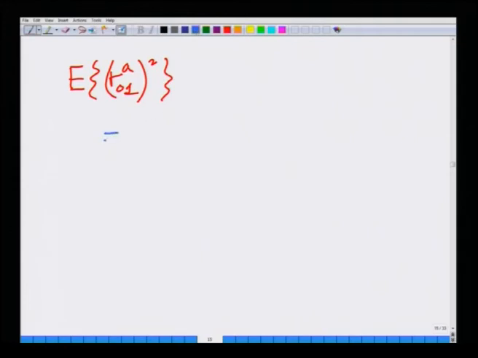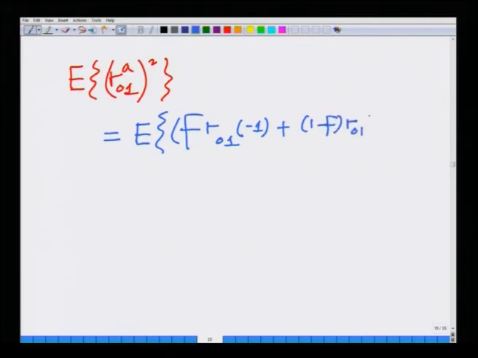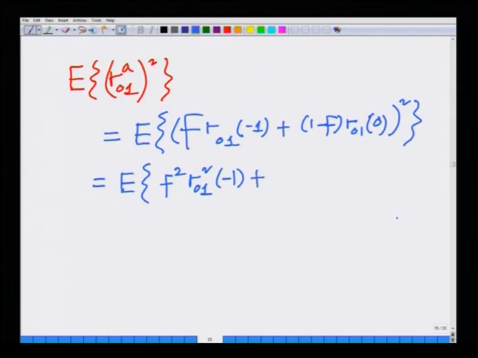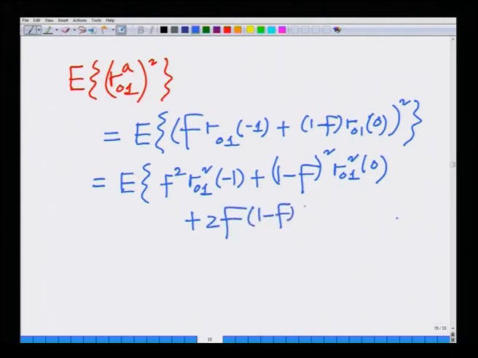That is nothing but expected f R01 of minus 1 plus 1 minus f R01 of 0, whole square, and this can be expressed as expected f square R01 square of minus 1 plus 1 minus f square R01 square of 0, I am going to expand the squares, plus twice f into 1 minus f into R01 of minus 1 into R01 of 0.